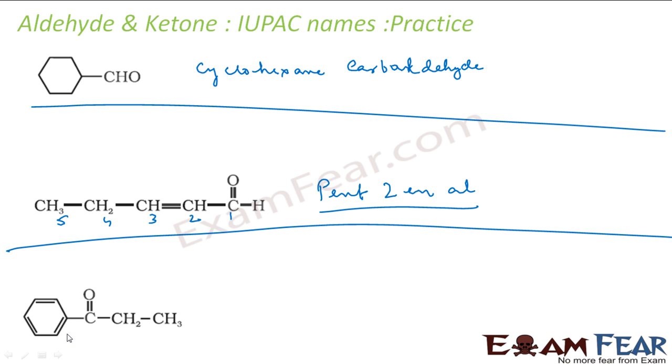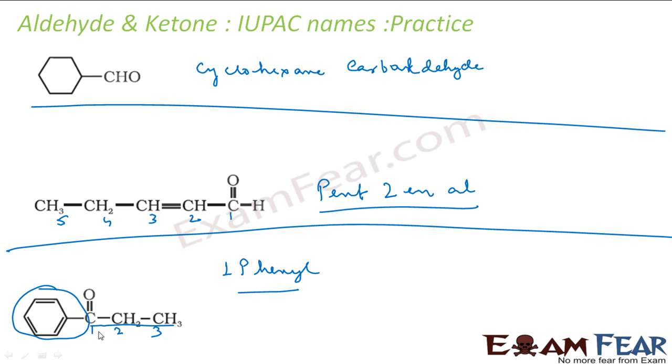So here also you have to start with the numbering to make sure this gets 1 position, 2 position and 3 position. Since there is no substituent group in this benzene, we don't number it as such. So if you see, at 1 I have a phenyl group. That is the only substituent here because this is my chain, right? So let me add the substituent first. It is 1-phenyl. I'm done with the substituent. Correct.